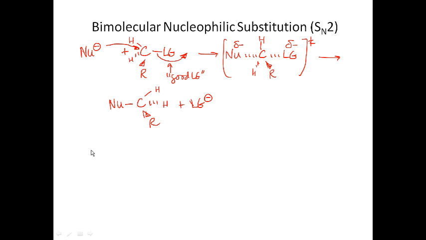So in the experiment that we're actually going to do, we're going to take sodium bromide, and the sodium is just going to be a counterion. But we're going to try and take this bromide and react it with our 1-butanol. So now we've got a CH2, CH2, CH3, and I'm writing the structure of the butanol.